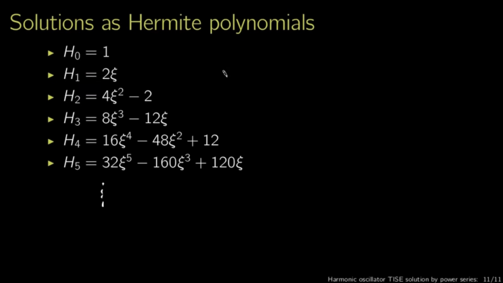If we want to express our wave function in terms of these textbook definitions of Hermite polynomials, instead of the h's that I've been using, psi sub n as a function of x, which is going to be expressed in terms of xi, where x is root h bar over m omega xi. Putting all the normalization and all of the mathematical machinery together, you end up with something that looks familiar if you watched the lecture on solving this particular Schrodinger equation for this particular potential with ladder operators.